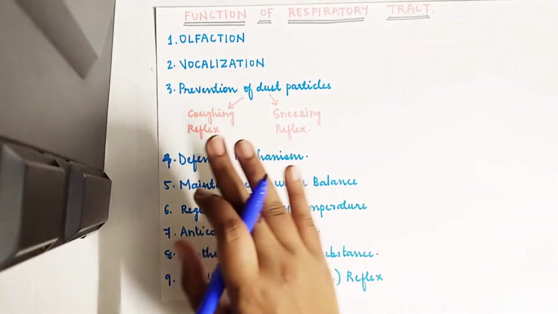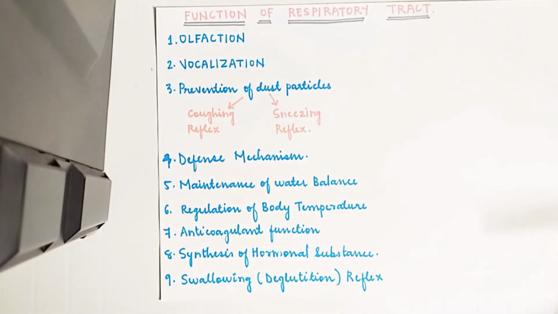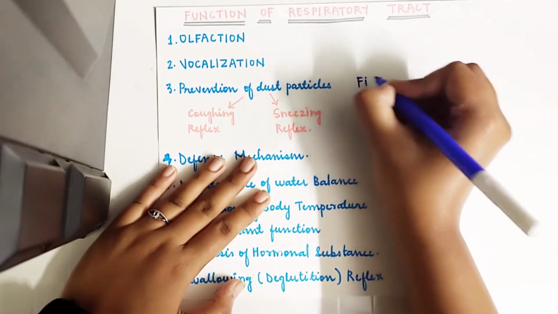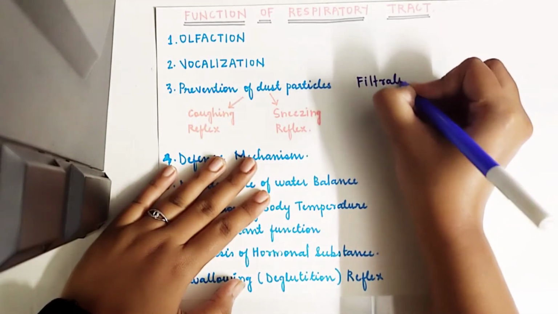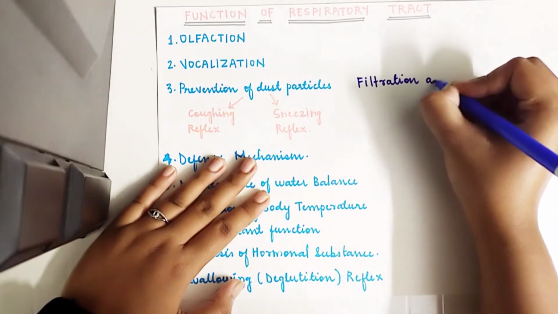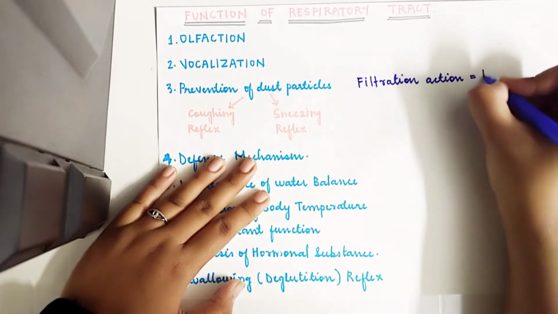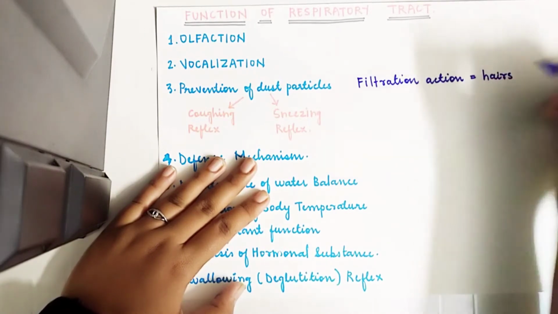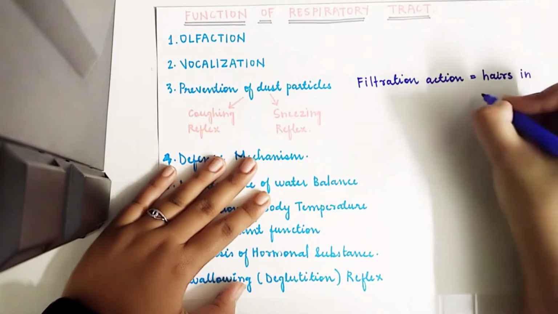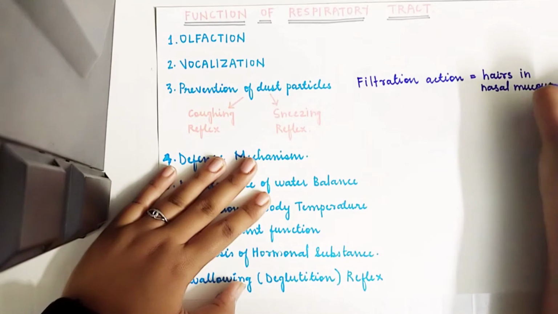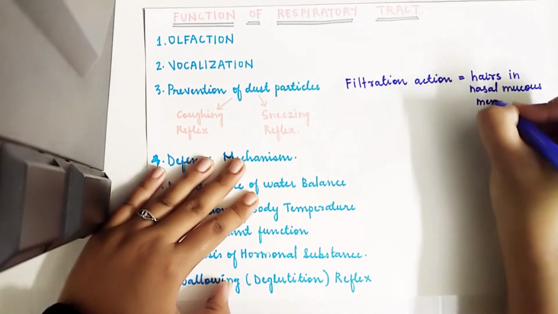So third point is prevention of dust particles. Dust particles which enter the nostril from the air are prevented from reaching the lungs by filtration action. Filtration action is of the hairs in the nasal mucous membrane.